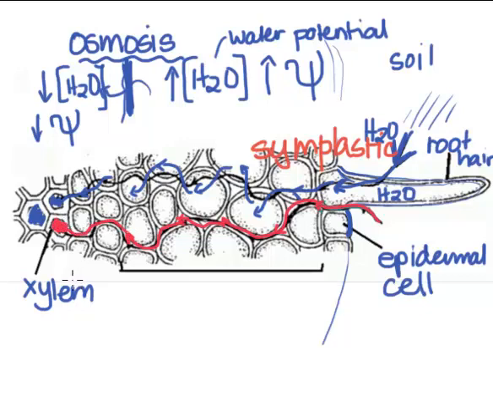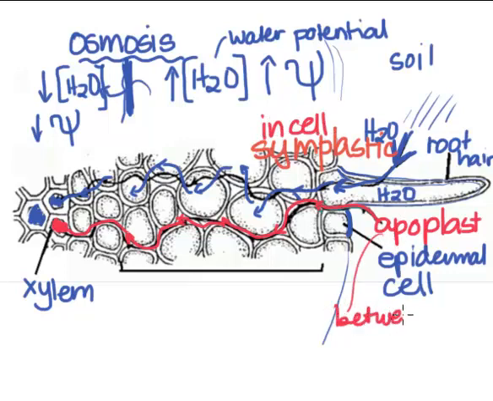It's not entering the cells at all. It's traveling between the cell walls, and this pathway of water is known as apoplasty. The water moves through the apoplast. So symplast is in the cells.